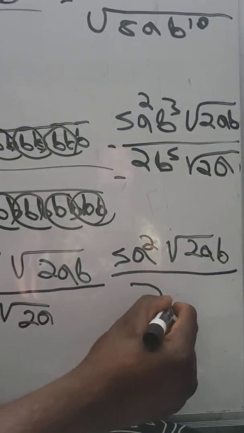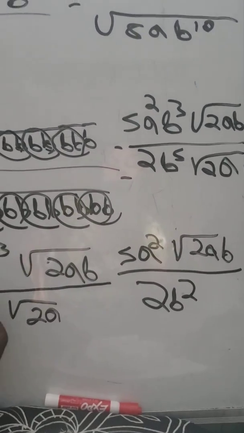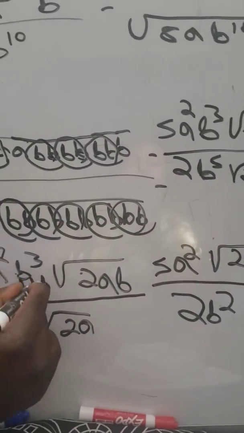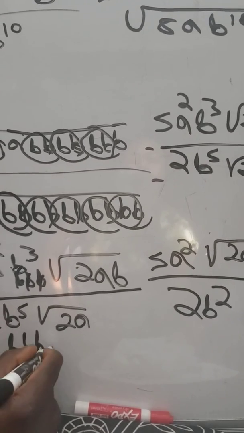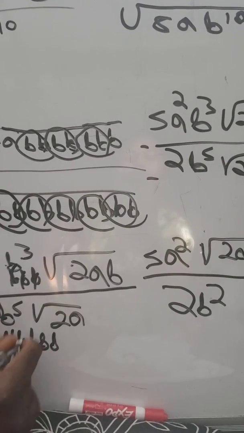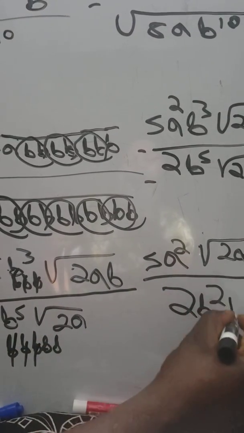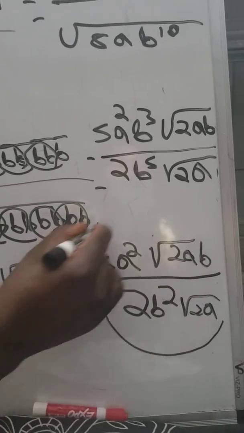Remember, the b to the 5th is not b to the 5th anymore, it's b squared, because we already canceled 3. That's why we only have b squared left, and then the square root of 2a. This would be your final answer.